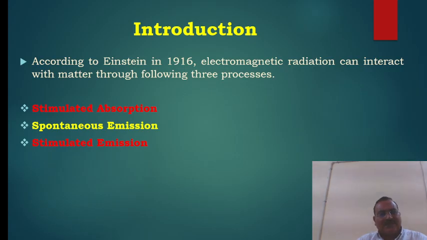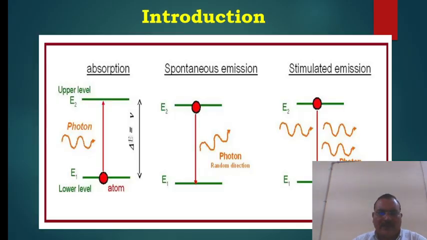First process, that is stimulated absorption. The second is spontaneous emission, and the third one is stimulated emission of radiation. And this stimulated emission of radiation is the basic principle on which your laser action takes place. Okay, let's understand one by one.